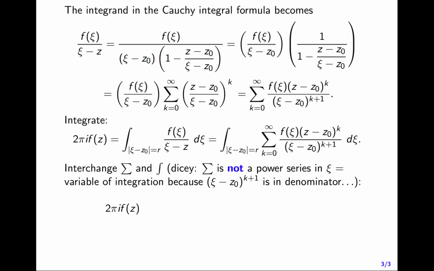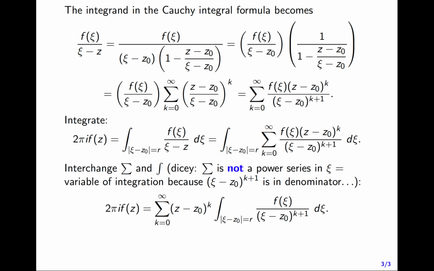So I get 2 pi i times f of z is going to be the sum from k equals 0 to infinity of (z minus c0) raised to the power k. So z minus c0 doesn't depend on c, I pulled that out, times the integral over the circle |c minus c0| equals r of f of c divided by (c minus c0) raised to the power k plus 1.